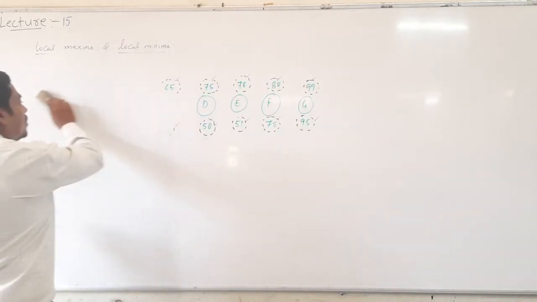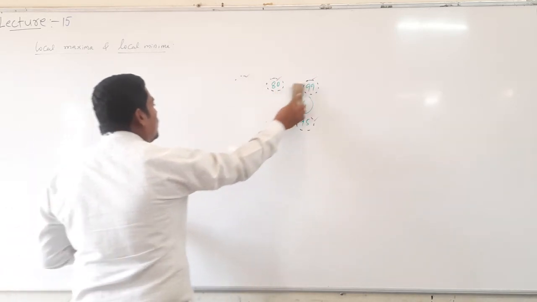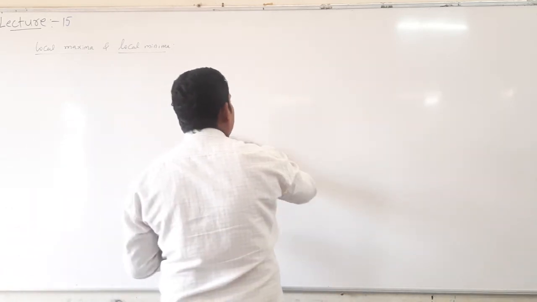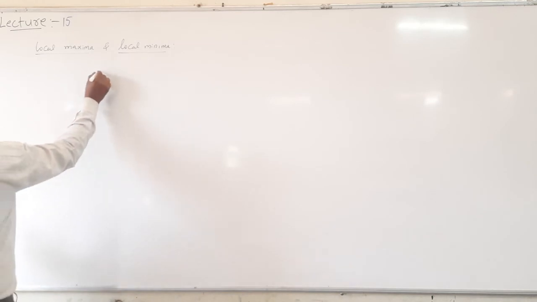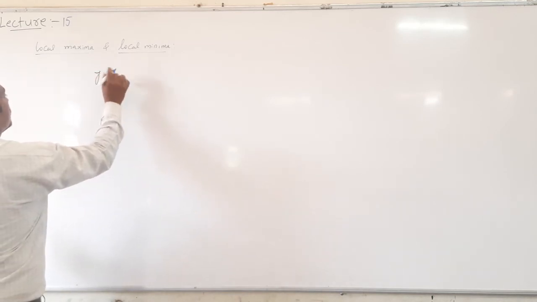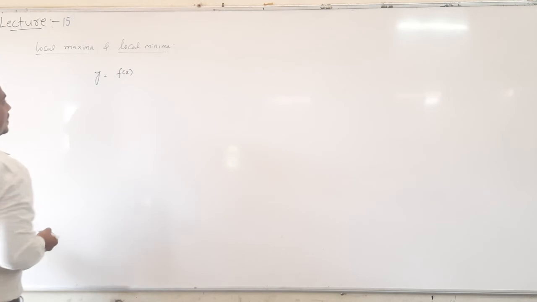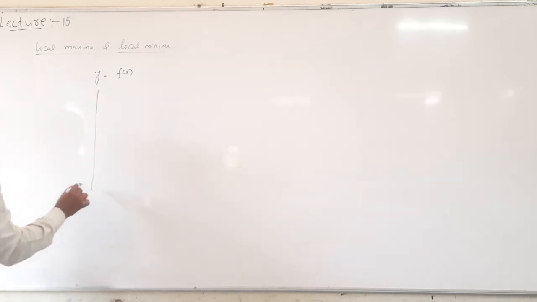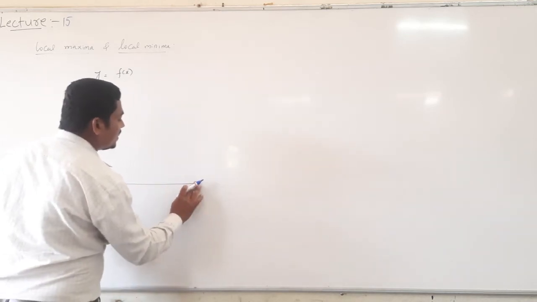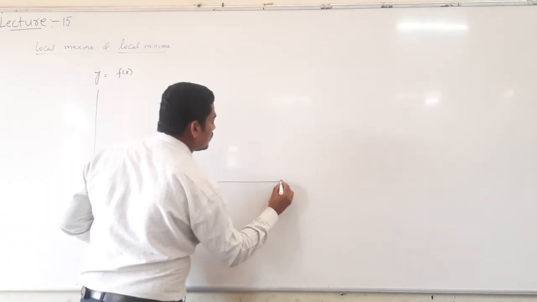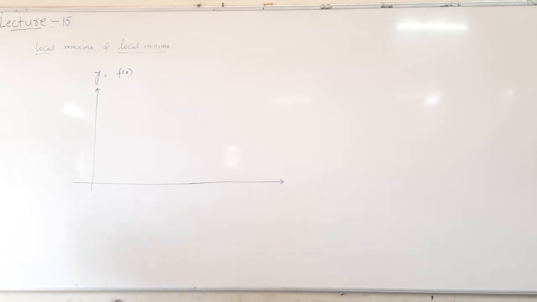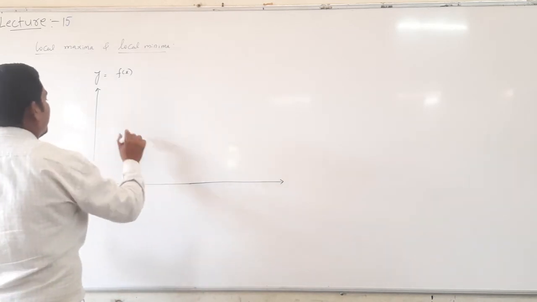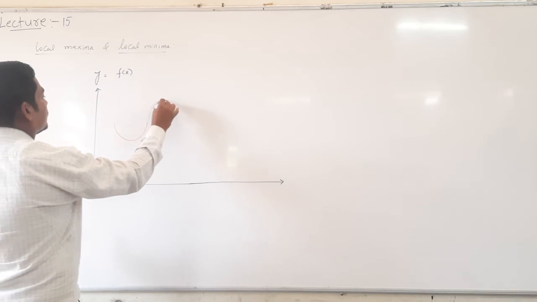Let's understand what are local maximum and local minimum values for the function y equal to f of x. Suppose y equal to f of x is any real valued function. Just consider the graph of y equal to f of x.